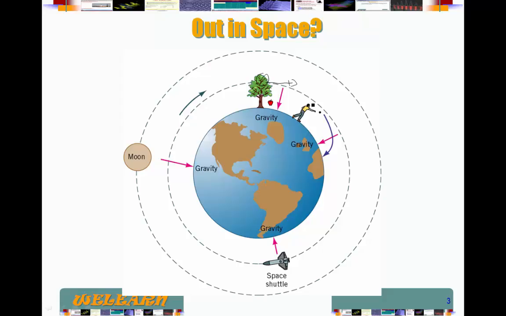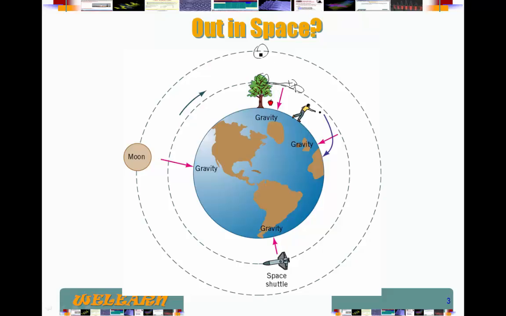So for every orbit, we can have a particular initial velocity that we can give our projectile to put it in orbit.